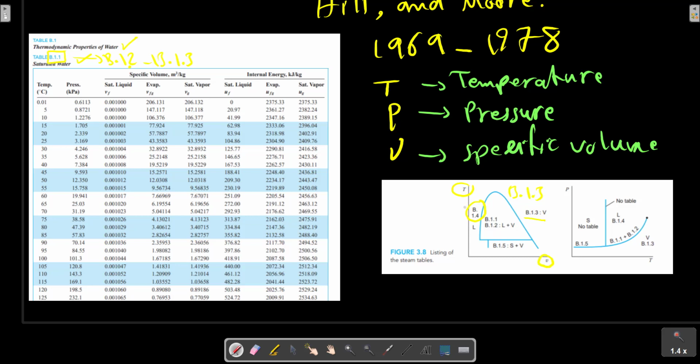Table B1 for the compressed solid region is shown in the figure. It is not presented in Appendix B.